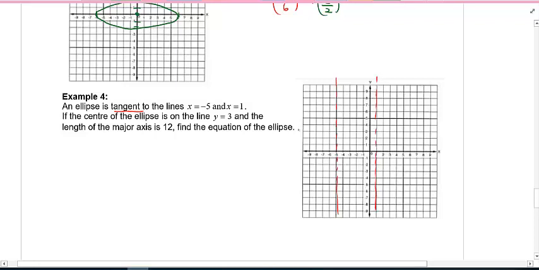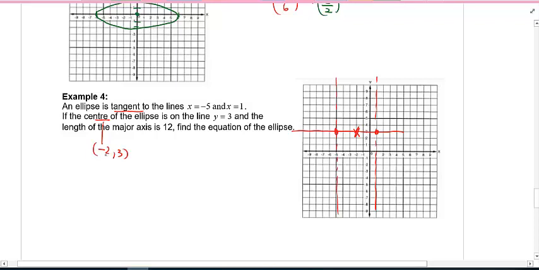If the center is on the line y equals 3, interesting. So the center's here. Do you know what the center could be then? Since it just touches, that means this must be the end point, so the center must be halfway in between. Bam, bam, bam. The center, I know, then must be (-2, 3).